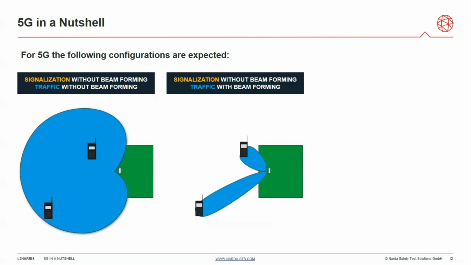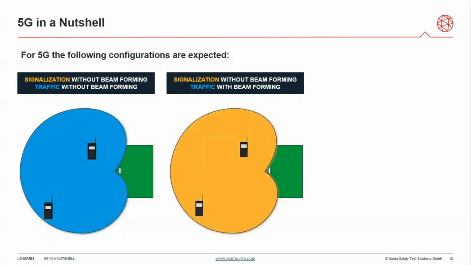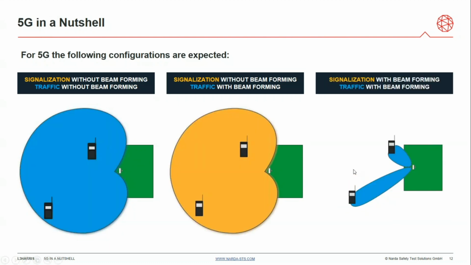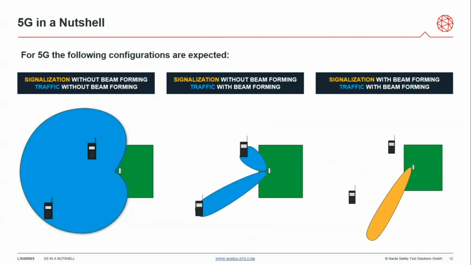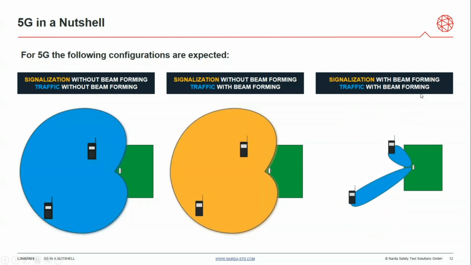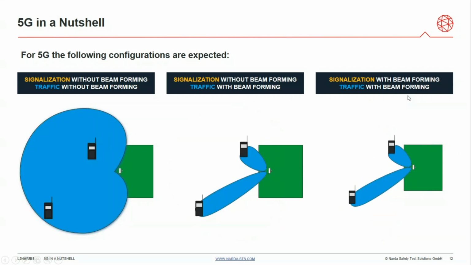So the synchronization signals are being transmitted broadly, but the traffic is with the beamforming option. Or the most enhanced, the most sophisticated way of communication is signalization with beamforming and traffic with beamforming.